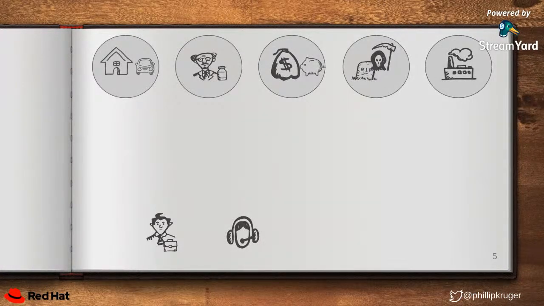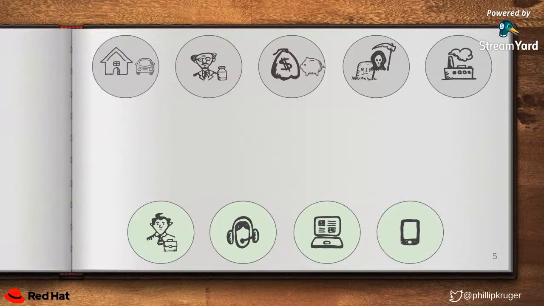So a client would contact a broker, or they would phone a call center, or they would use the website or the mobile site. And all of these ways to interact is a different company with their own IT systems and their own CIO and operated on their own.